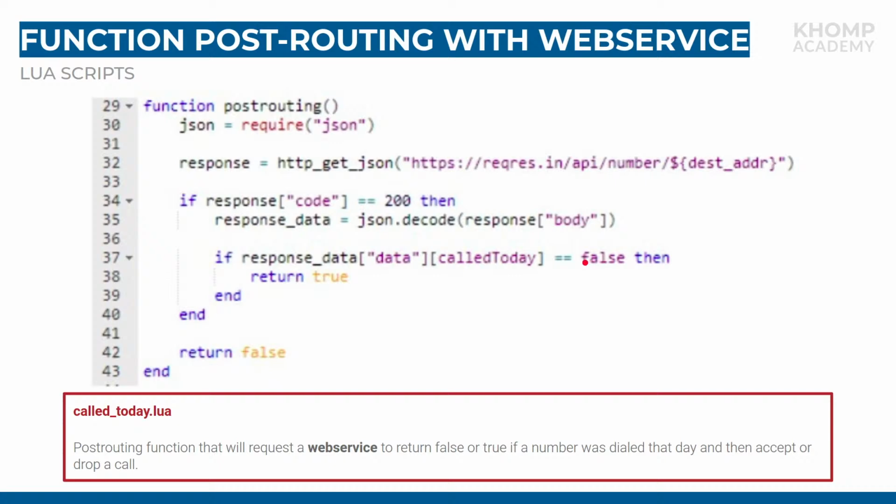Okay, if this is false, then return true. This script is made to see if you try to contact a person the same day. For some countries, it's not possible to contact a person two times on the same day. You have to take some time.